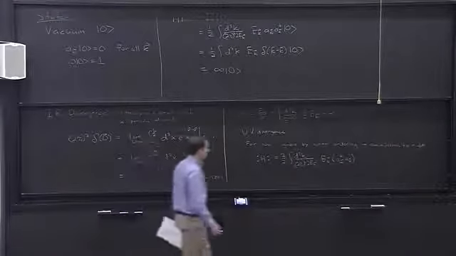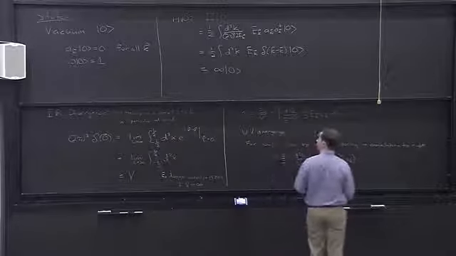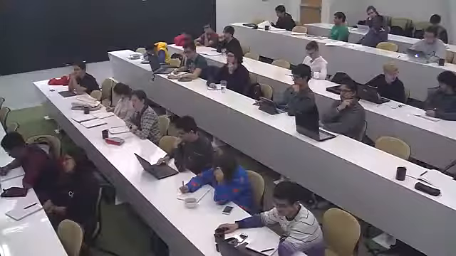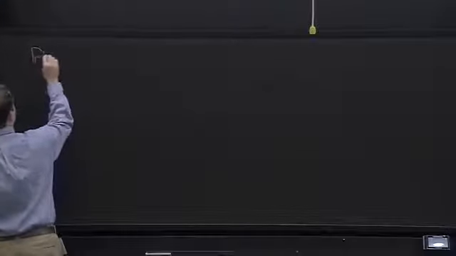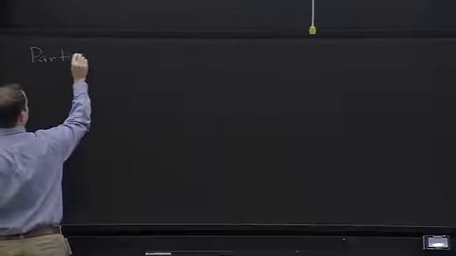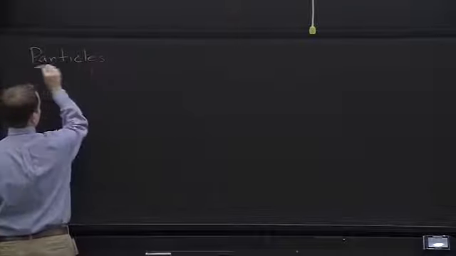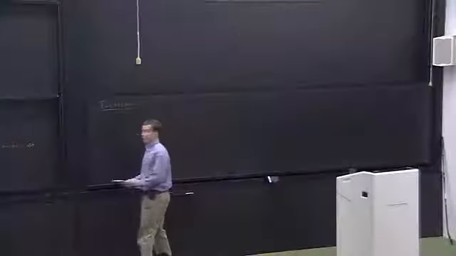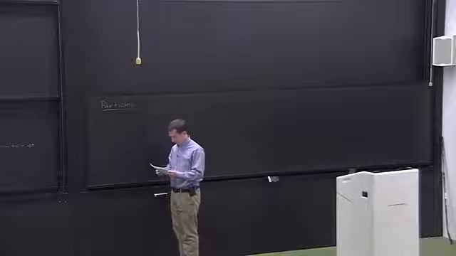Okay, so that is the vacuum state. The other states have particles in them, so let's discuss those now. We can construct other states by acting with the creation operators on the vacuum.